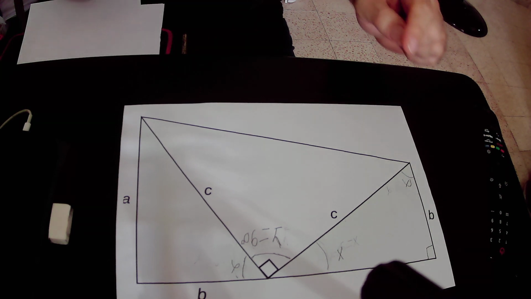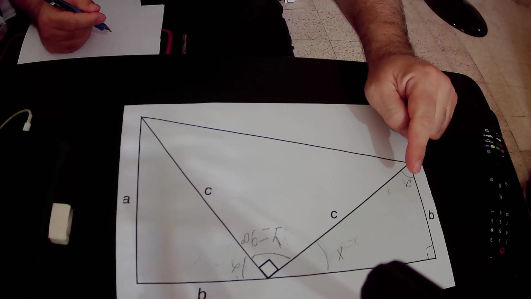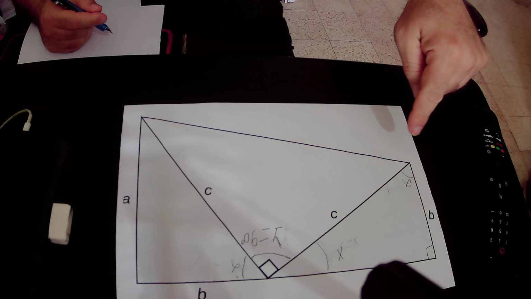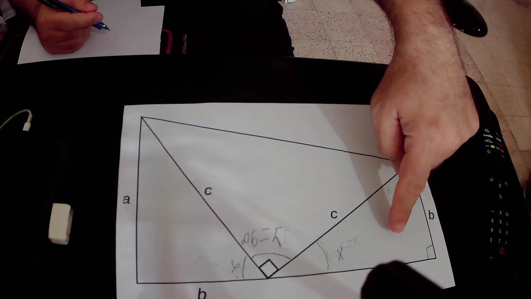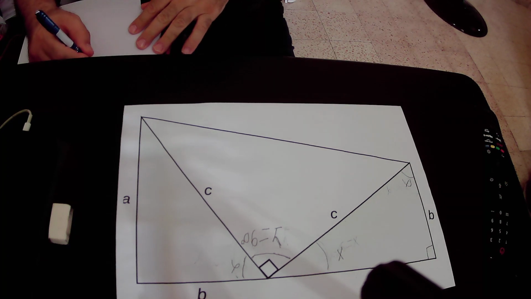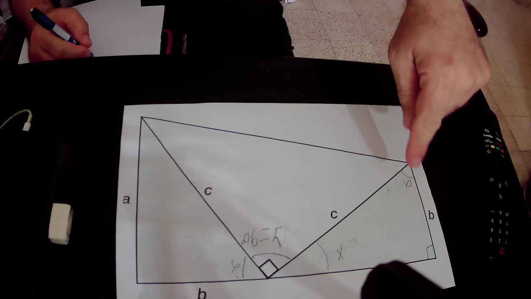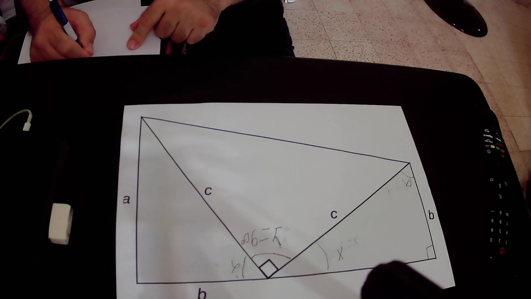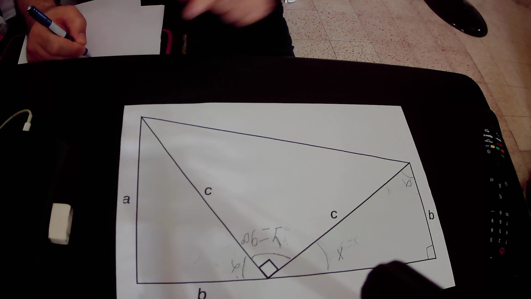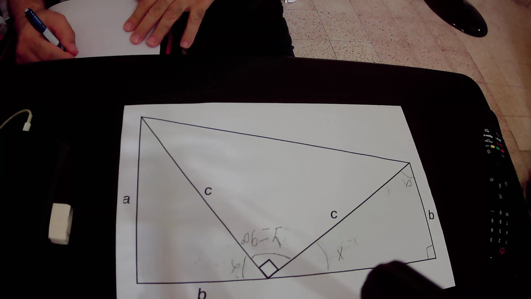We will calculate the area of the first triangle. The area of a triangle is its base times its height to the base divided by 2. The base of the right triangle is A, and the height to the base is B, divided by 2. So the area of the right triangle is A times B divided by 2.